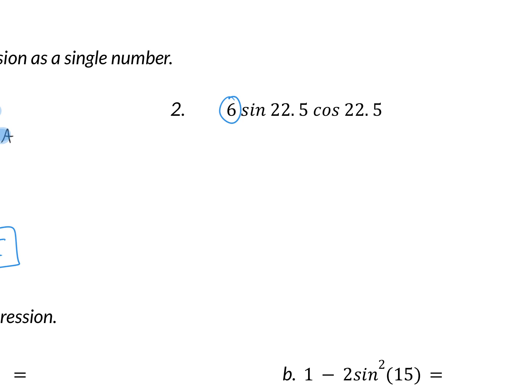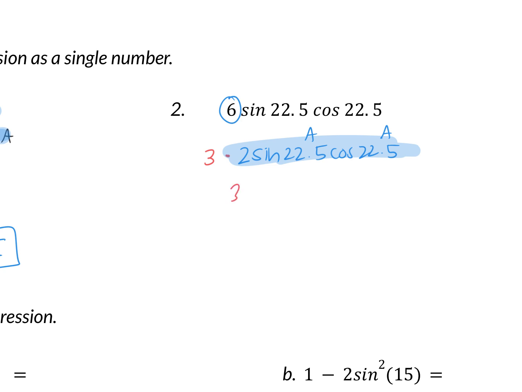Now I always want you to write the 2 with the sine and cosine piece, and then your 3 is going to be the thing on the outside, because that is not part of my identity number 24. But the rest of this whole thing looks exactly identical to number 24, where this 22.5 is my a value, right? So I can just replace 22.5 in for a and condense my equation.